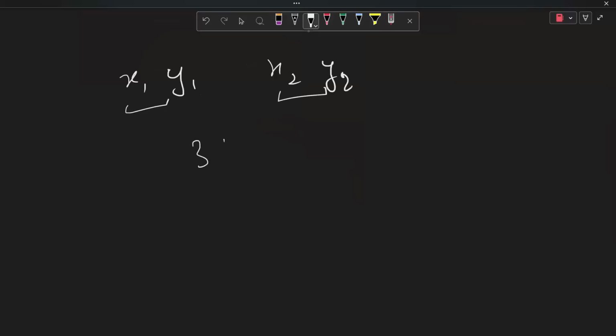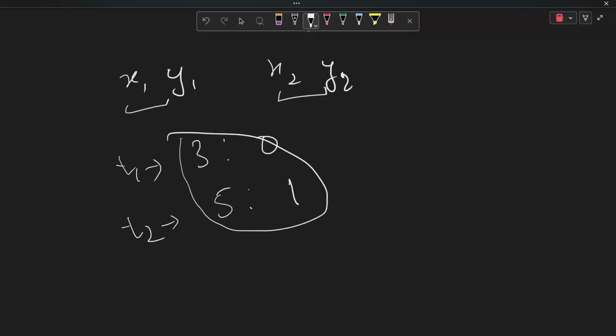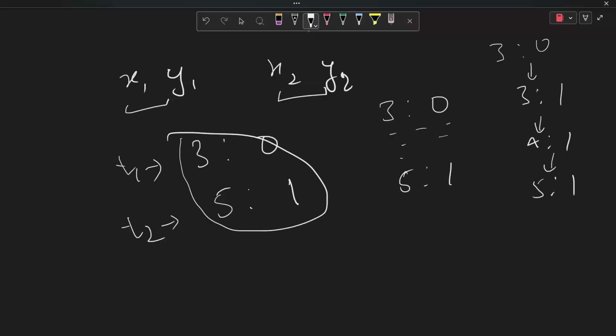If we are given 3:0 as the score at some time t1, and then at some later time t2 the score is 5:1, what you need to find is what happens in between these two times. From 3:0 to 5:1, there would be more scores in between, because the score always increases by one. It may go from 3:0 to 3:1, then 4:1, then 5:1, or through some other in-between process.